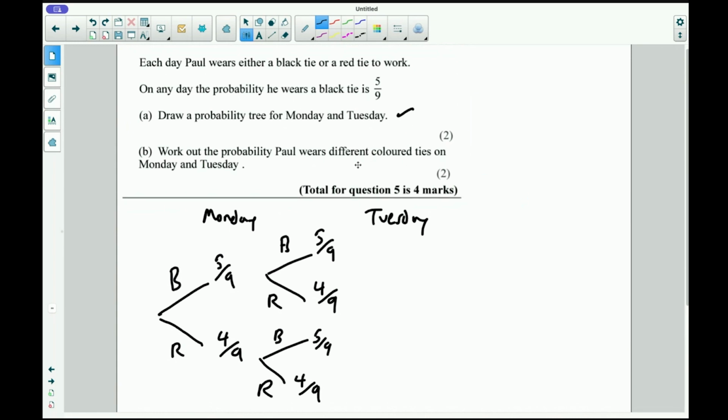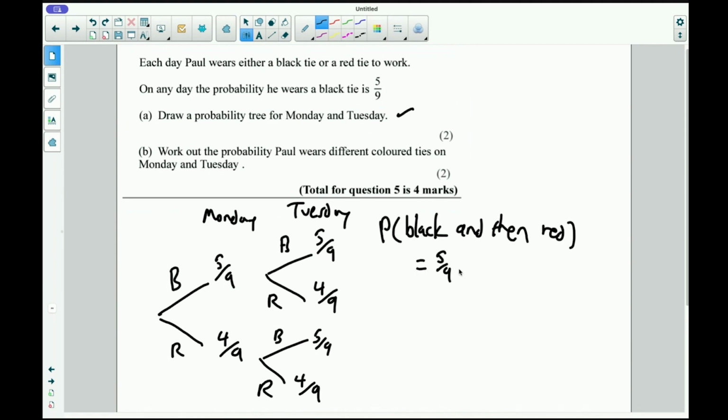We want to figure out the probability that he wears different colored ties on Monday and Tuesday. So when we think through this problem, we're going to start by writing out the probabilities that we want. First, you want the probability of, let's say, black and then red, which is just going to be 5/9 times 4/9, which is 20/81.